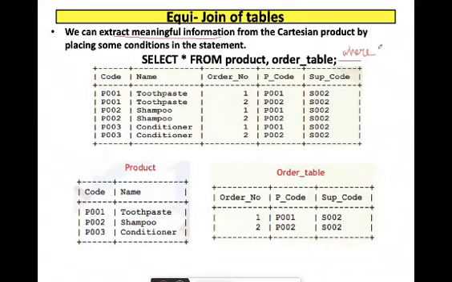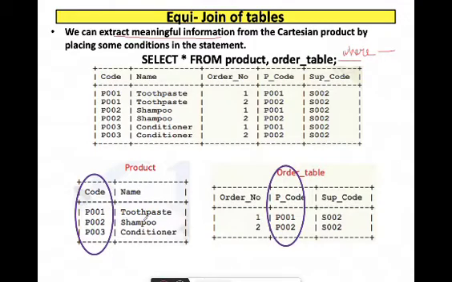Now what condition will come in this way? If you observe this output and the tables carefully, you will see that these are the common columns in the tables which are used to join the tables.